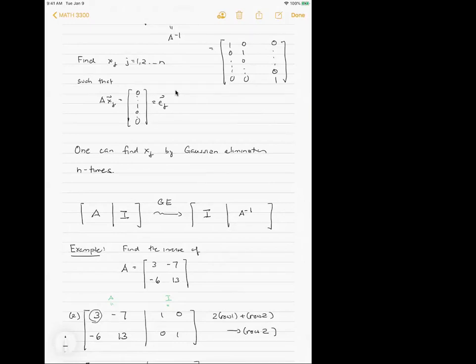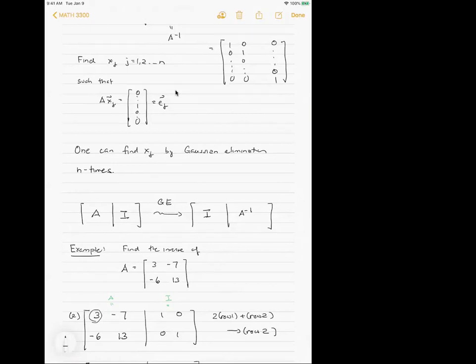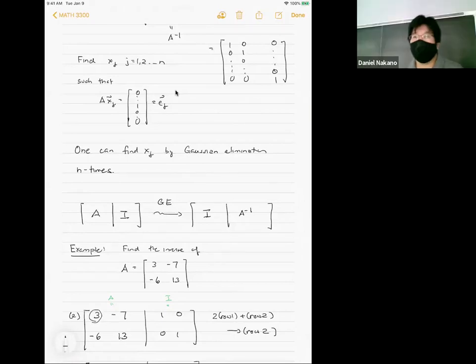Does that make sense? I wanted to deconstruct the process to indicate that it's just Gaussian elimination. So this solves it in a quicker amount of time then? Yeah, just in terms of bookkeeping, yes. Okay.